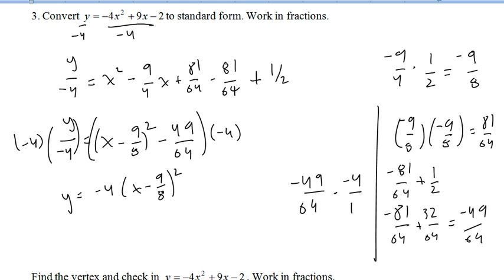And that is going to give us 49 over 16, because 4 over 64 is 1 over 16, and a negative times a negative is a positive. So that's plus 49 over 16.